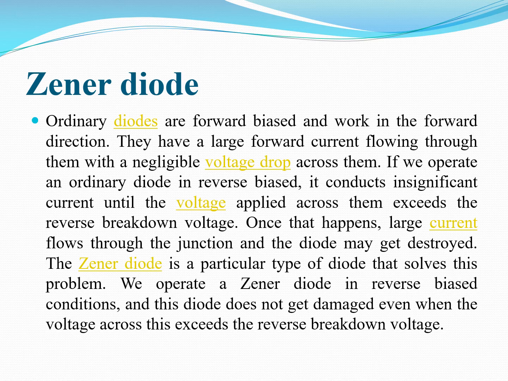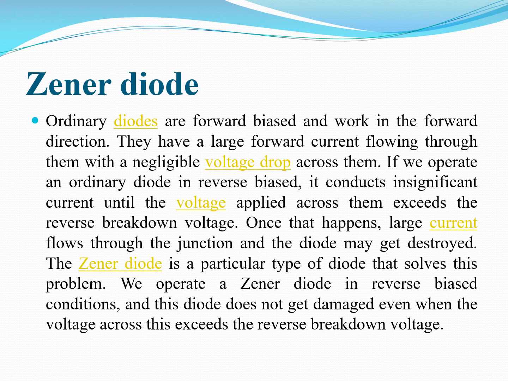If we operate an ordinary diode in reverse bias, it conducts insignificant current until the voltage applied across it exceeds the reverse breakdown voltage. Once that happens, large current flows through the junction and the diode may get destroyed, as we have already discussed in the VI characteristics of a PN diode.